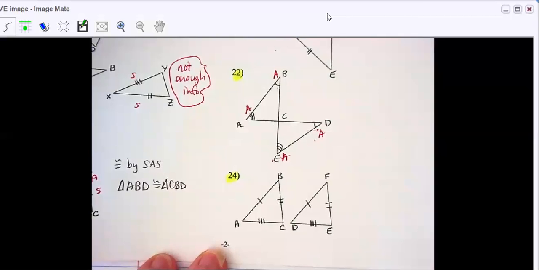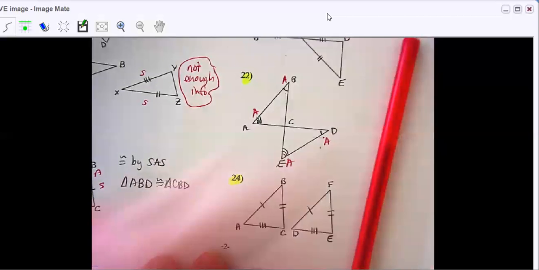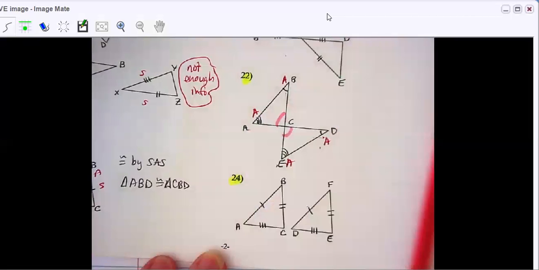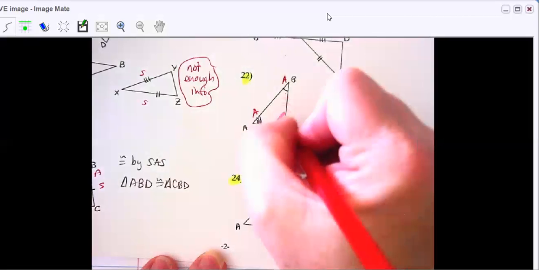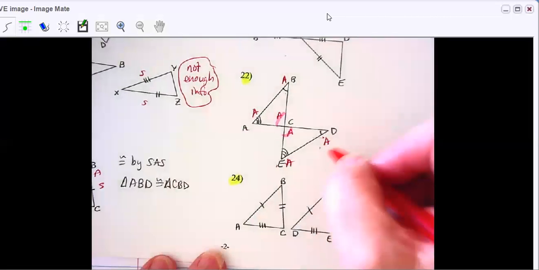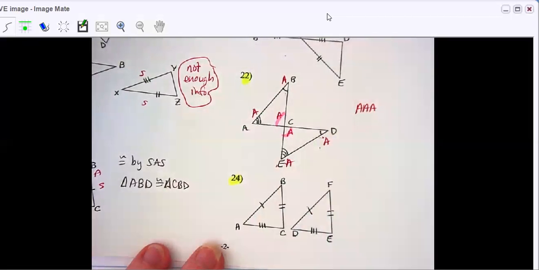Okay, so I can mark vertical angles across from each other. And now I have another set of angles, an angle here and an angle there. So now I've got three pairs of angles, three pieces of information. So I have angle, angle, angle. But we just talked about angle, angle, angle is not something we can use for congruency.